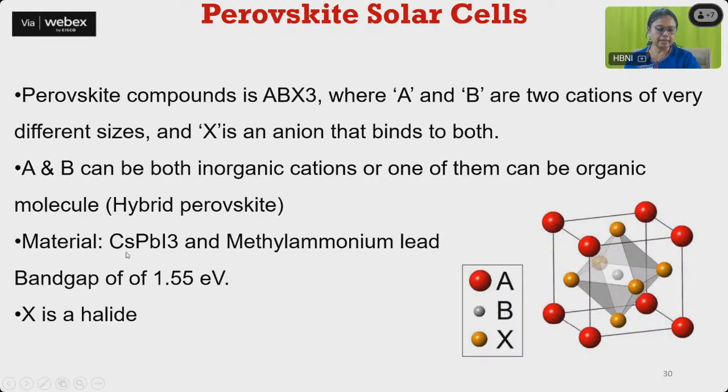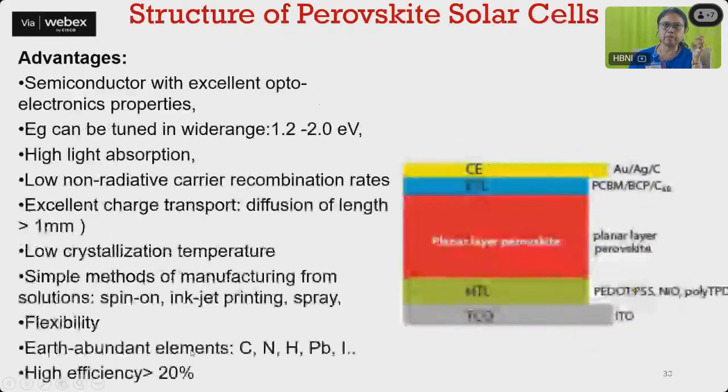So cesium lead iodide is an inorganic perovskite and in hybrid, methyl ammonium lead iodide can be used. Band gap is around 1.55. So what kind of combination you are using in this perovskite, you can tune the band gap. And X is a halide in this case.